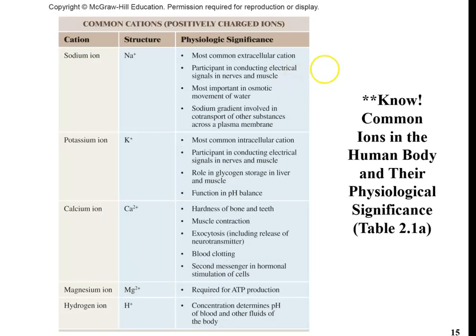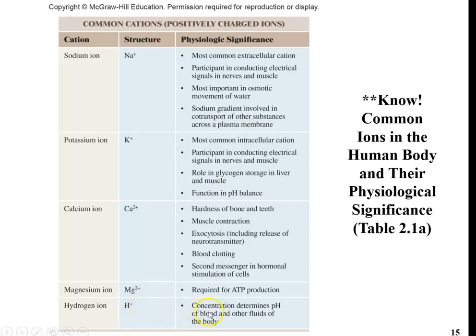So, highlights, what I really want you to focus on: the sodium ion. Know that it's the most common extracellular cation, whereas the potassium ion is the most common intracellular cation. I want you to know that calcium is involved in muscle contraction and the formation of your bone and teeth. It can also be a messenger in hormonal signaling.